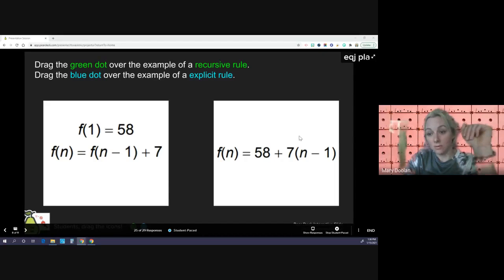Also, it's simplified in that the right-hand side of this equation does not have a function in it: 58 plus 7 times n minus 1. There's no function here. There's no f. On the left-hand side, if I look at the general f of n, the right-hand side of the equation has a function of n minus 1 in it. So this is dependent on the previous value. Okay, so this is recursive, and this is explicit. Okay, good.